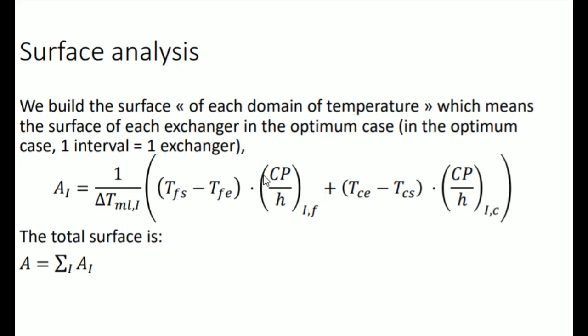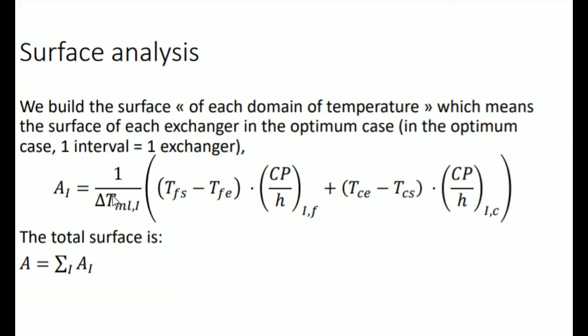And since we've split the cold and hot parts, we have to do the shift in cold streams times the Cp over h of the cold stream plus the shift in temperature times the Cp over h of the hot streams. All of this divided by delta TML of the interval. So we do this for each of the intervals of enthalpy. And then once we have the AI, the total surface, the total area, is just the sum of all the intervals of enthalpy.